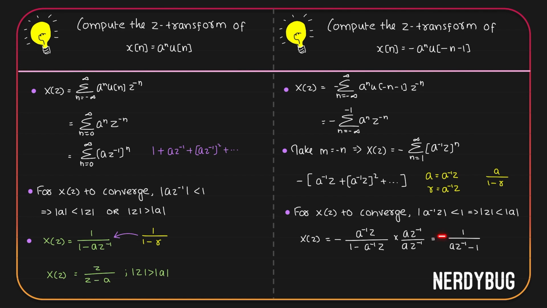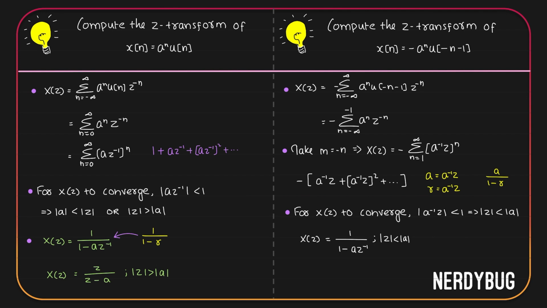There is a negative over here. Let us include it over here and write it as 1 minus a z inverse. So we get x of z is 1 by 1 minus a z inverse if magnitude of z is less than magnitude of a.